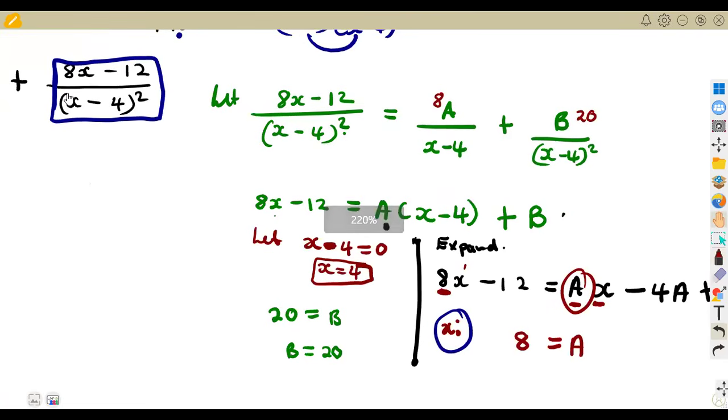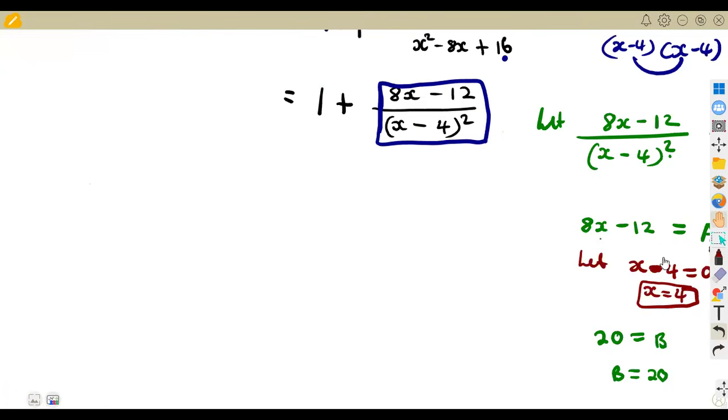We are to express the remainder into partial fractions. So we are going to take this now as the whole part. It is going to give us 1 plus this into partial fractions.